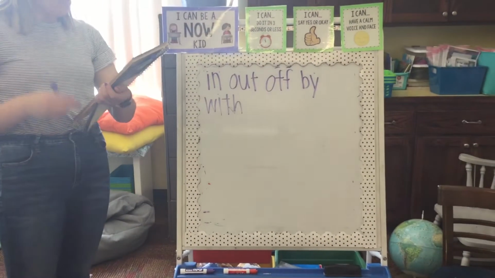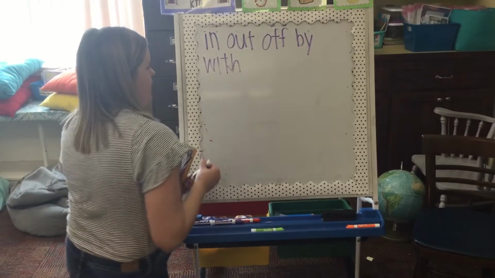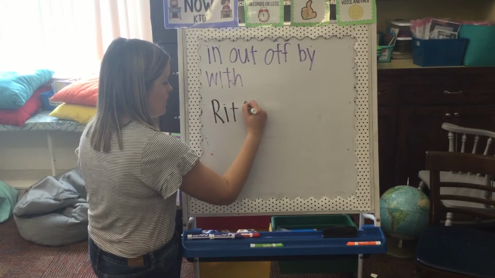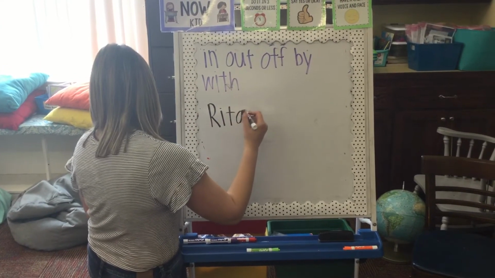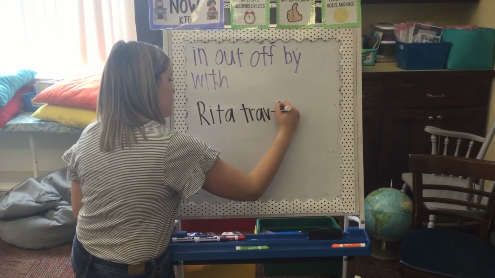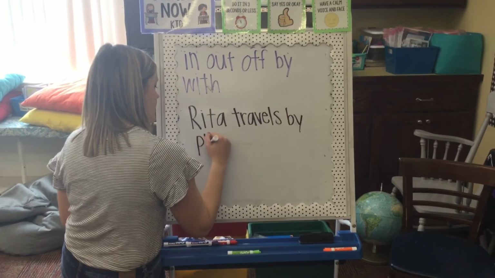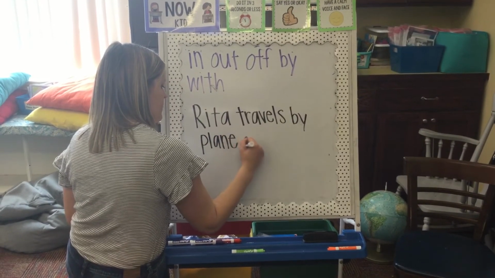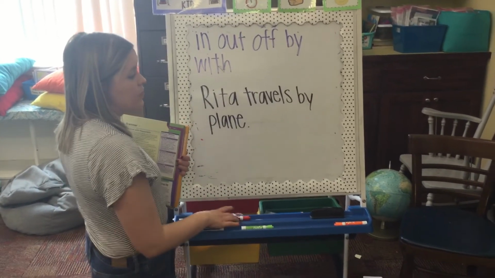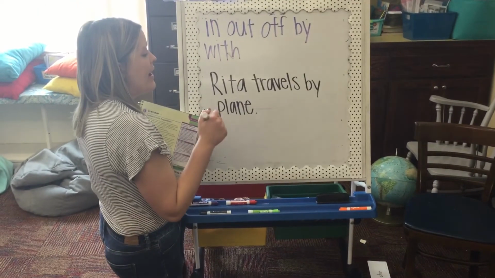All right, so let's look at the sentence. I'll write it on here. Rita travels by plane. How does Rita travel? That's a question we can ask to figure out our preposition. How does Rita travel?